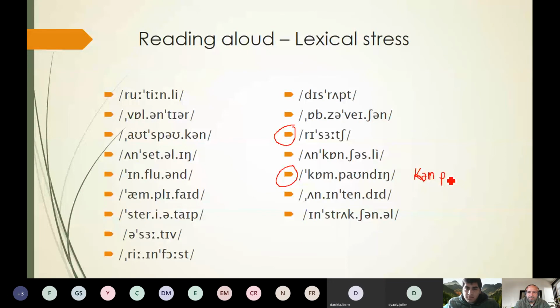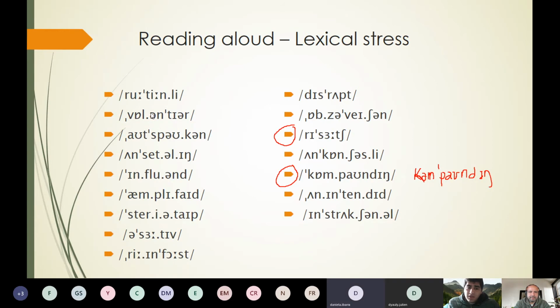So, compound. Right? In compounding, because I would use compound as the verb and not compound as a noun.